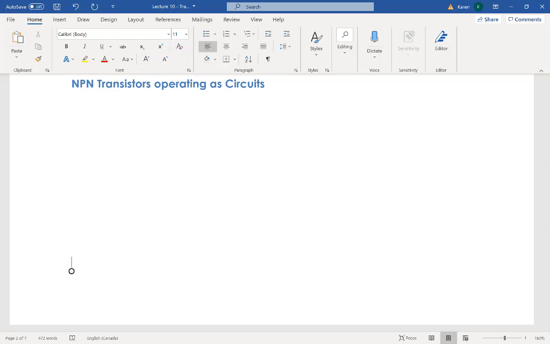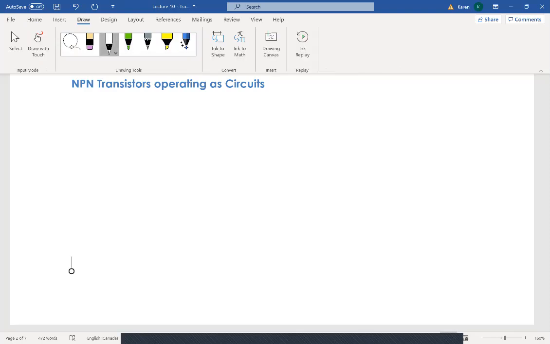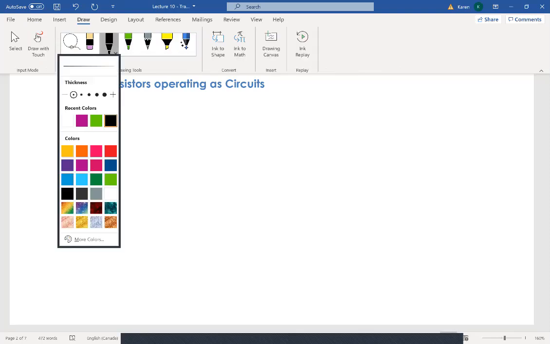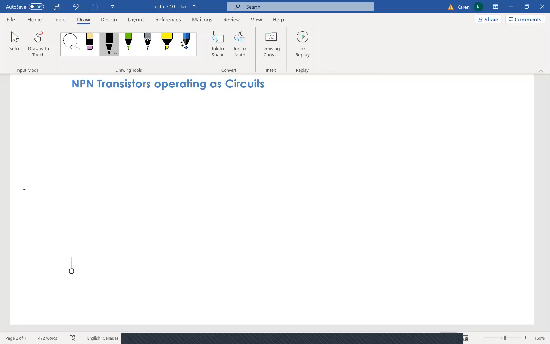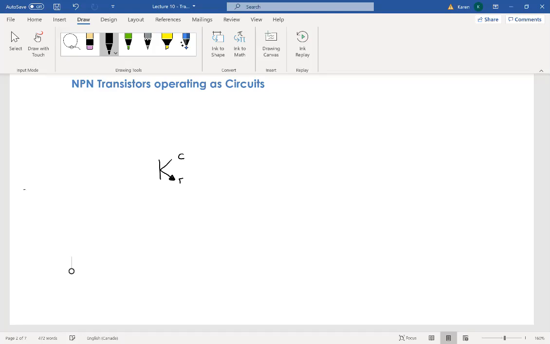So an NPN transistor, as you know from reading the lecture note, has an operation that is essentially a diode in it. And it is drawn like this. This is the transistor element, where this is the collector and this is the emitter.